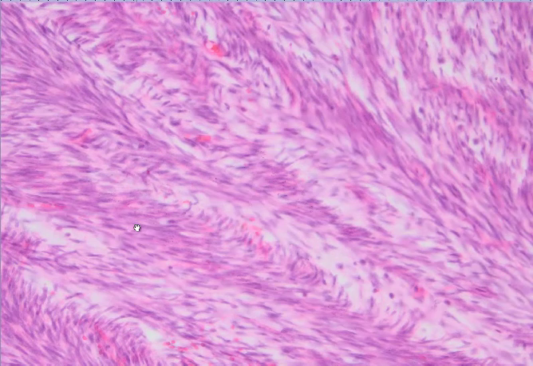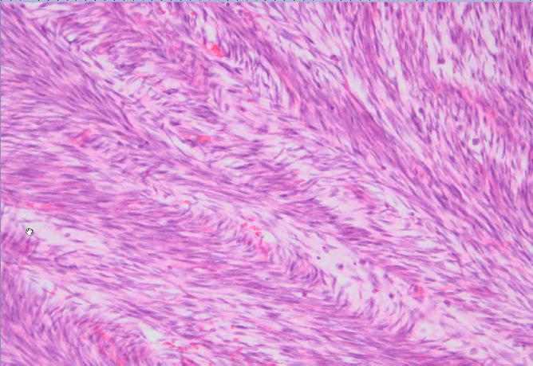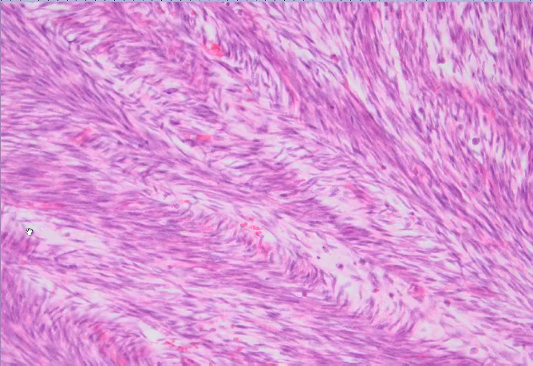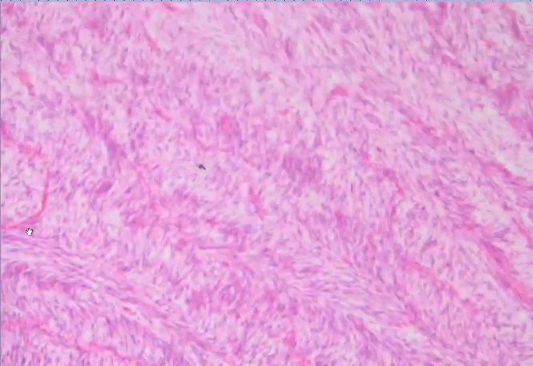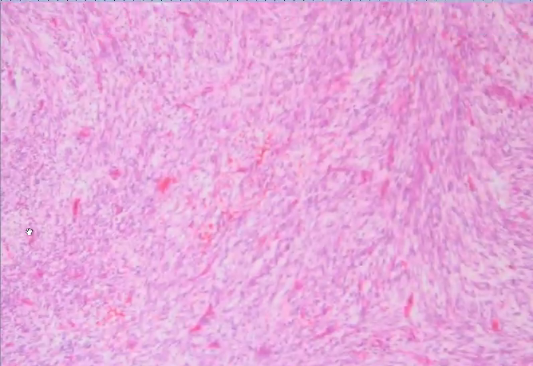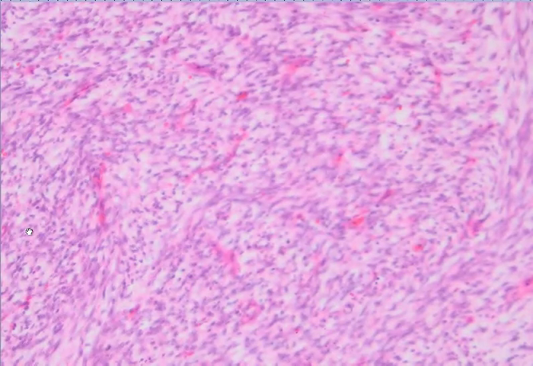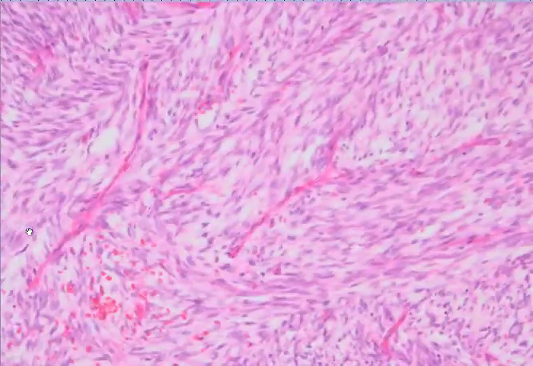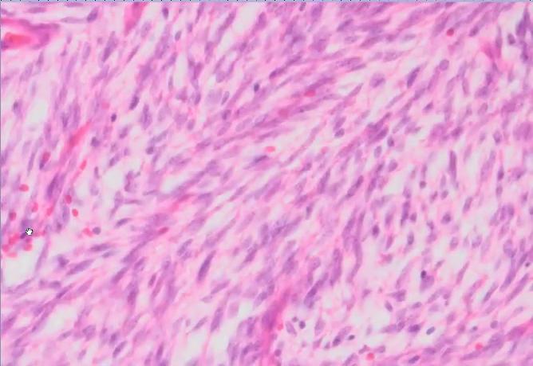You can appreciate these sweeping fascicles, fibrosarcoma-like fascicles, or some may also think that these are palisades. Another clue for the diagnosis is the lack of pleomorphism and mitotic figures.